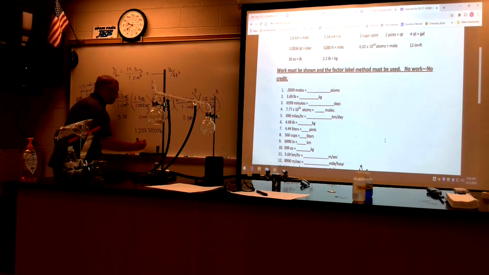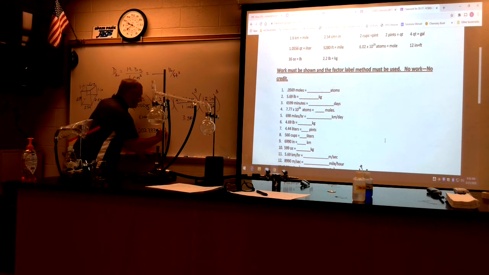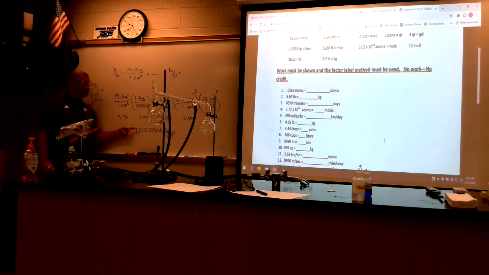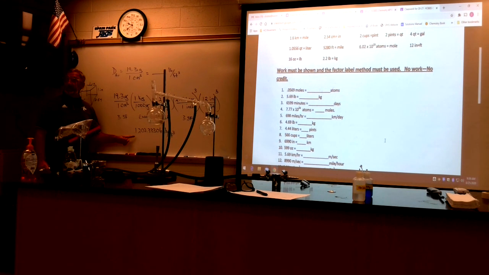1,202.333306. I got this. So this is how many pounds per cubic foot. But if I round that off to 2 sig figs, you said 1,202. So what's this going to be to 2 sig figs?